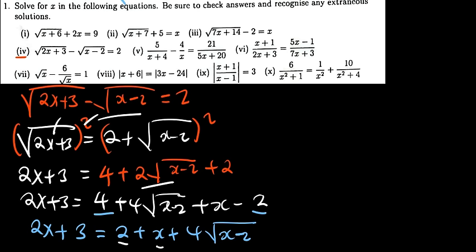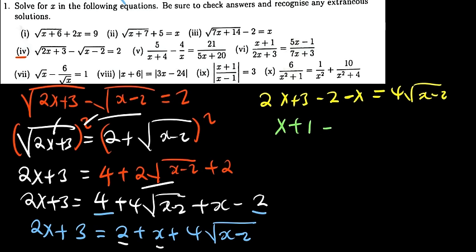So I'll say 2x plus 3, shift 2 it will be minus 2, shift x it will be minus x, equal to 4 the root of x minus 2, like that. That means 2x minus x is just x, 3 minus 2 is 1. Then I have 4 the root of x minus 2, like that.